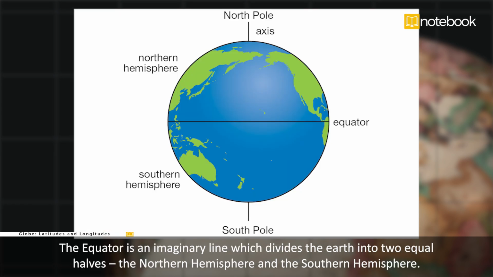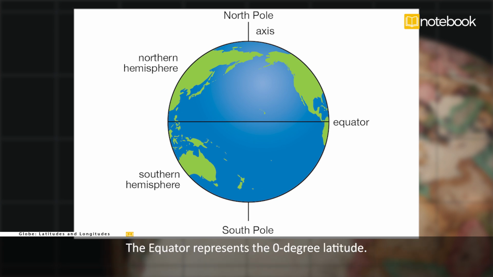The equator is an imaginary line which divides the Earth into two equal halves, the northern hemisphere and the southern hemisphere. The equator represents the 0-degree latitude. It is an important reference point to locate places on the globe.